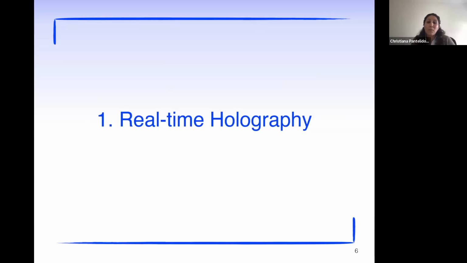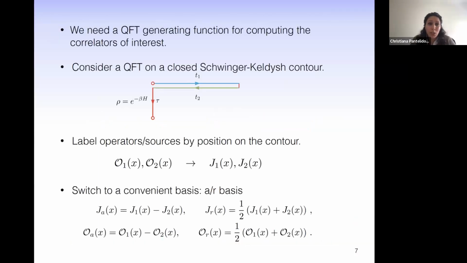So before I move on to the bulk of the calculation, I'd like to give a short overview, really short, of what real-time holography is, just to make sure that everyone is on the same page. So as I said several times already, today we want to compute retarded three-point functions.